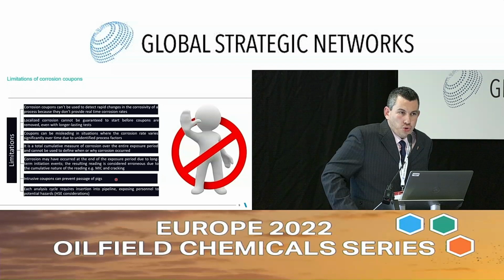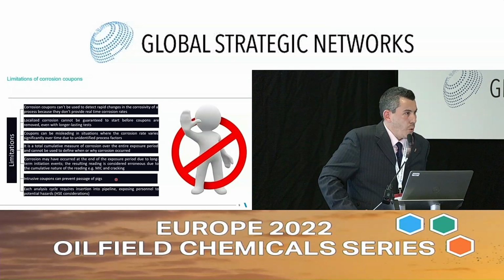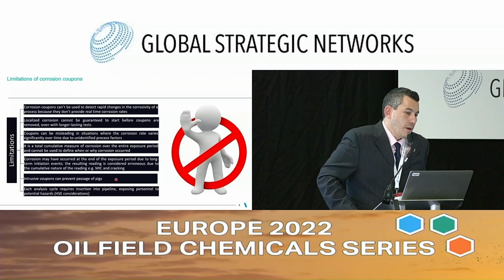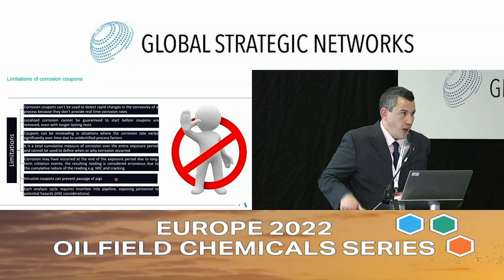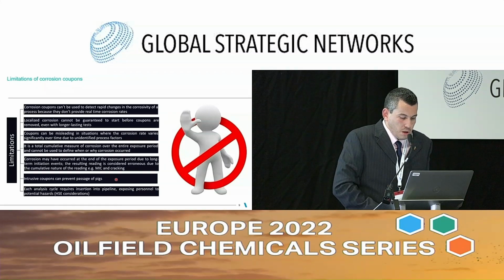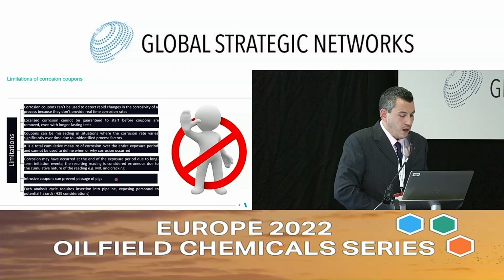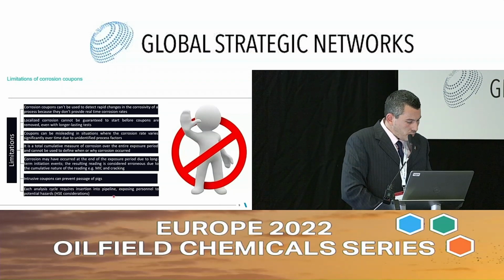So for onshore, it's more relaxed, so to say, because we just want to use corrosion coupons to detect possible corrosion issues afterwards. So it's okay. If you know your system, you can use them in the proper way.